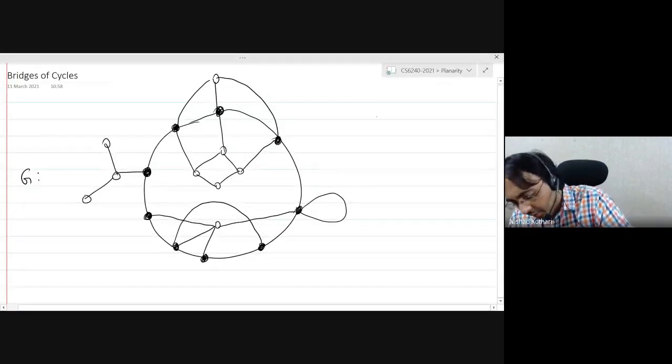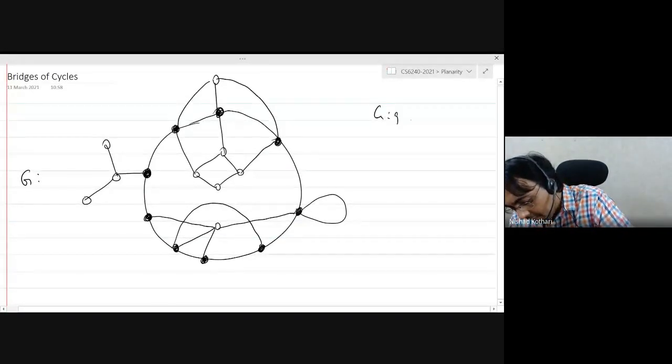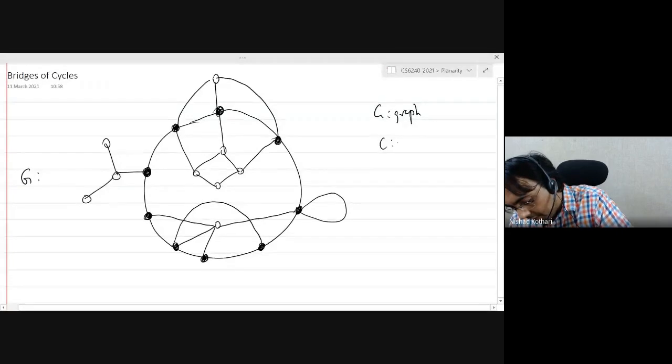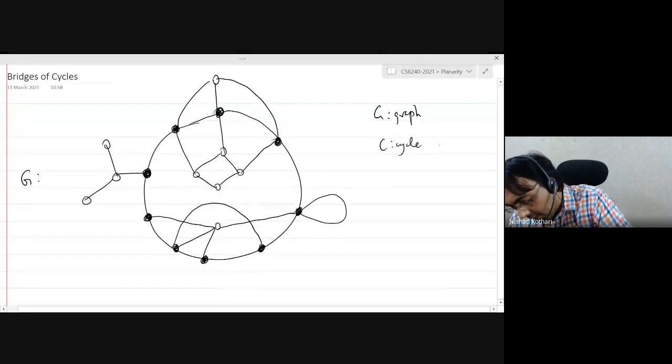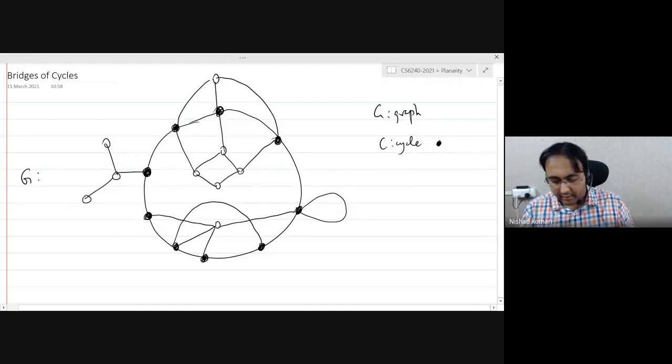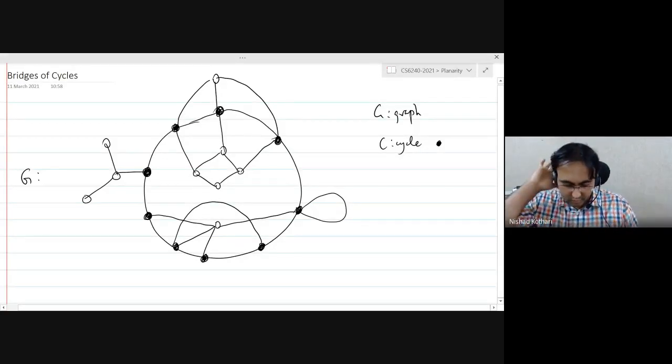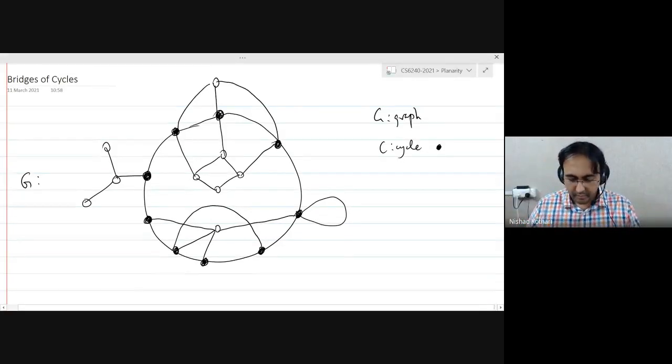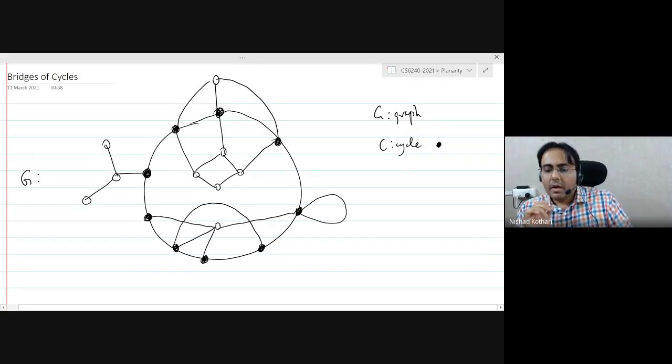So you have a graph G, and C is your cycle with these solid vertices and the edges joining them. Good. So I want to define what are called bridges of a cycle.